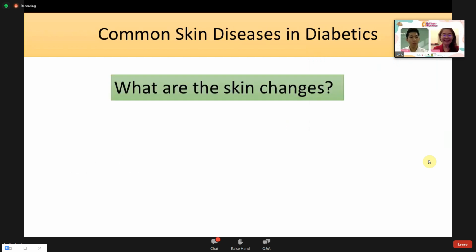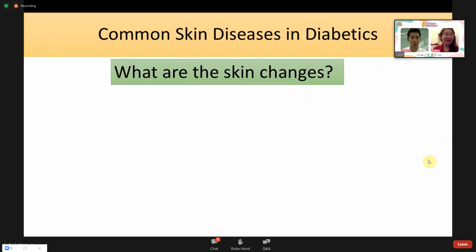Let's look at what are the skin changes in diabetics. Of course, the commonest skin change in diabetes is dry skin. And when you have dry skin, you're more prone to itching. And I suppose everyone knows that if you have diabetes, you are more prone to kidney disease.